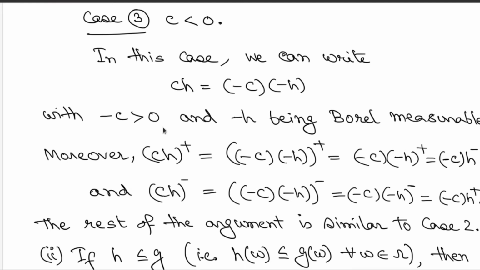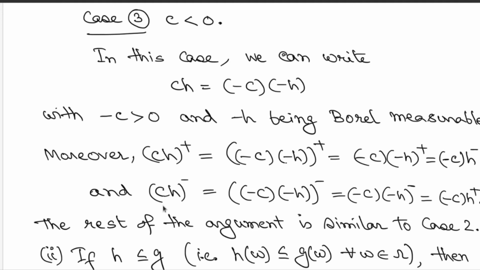You just have to observe that the positive part of ch is the positive part of minus c times minus h, but minus c is positive, so that will come out of that calculation. You are just looking at minus c multiplied by the positive part of minus h, and check that this is nothing but minus c times the negative part of h.